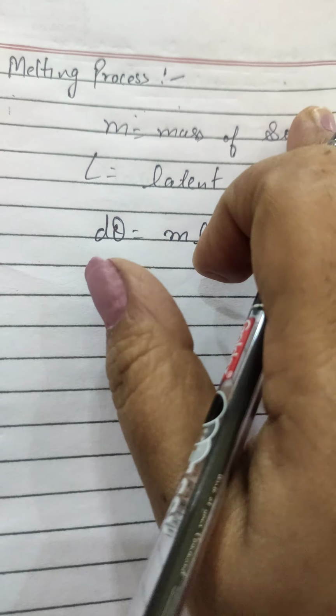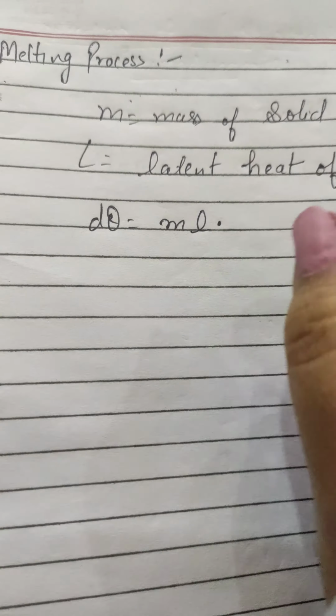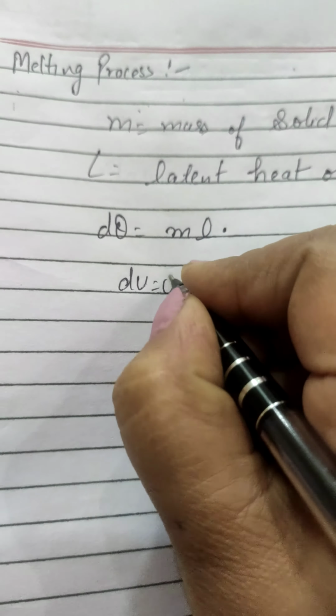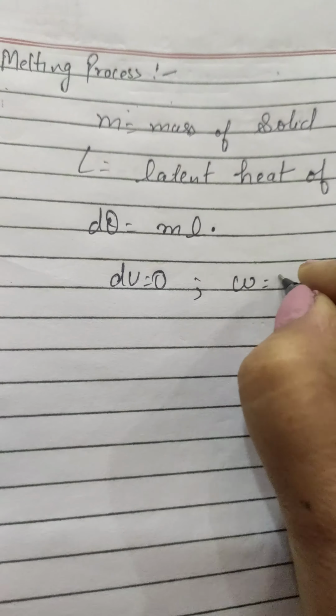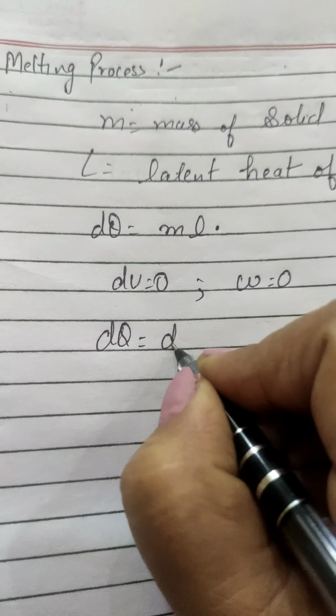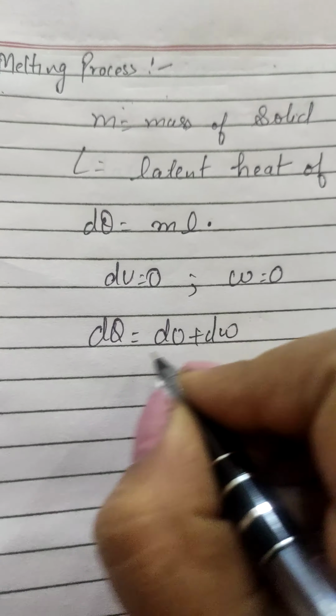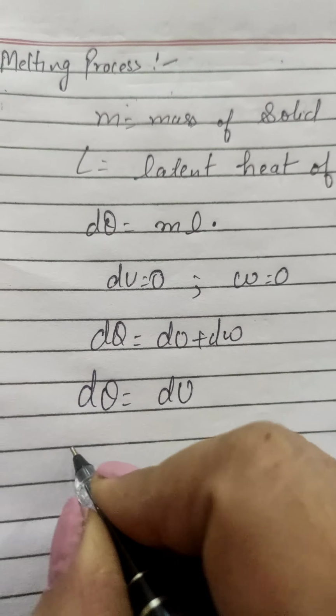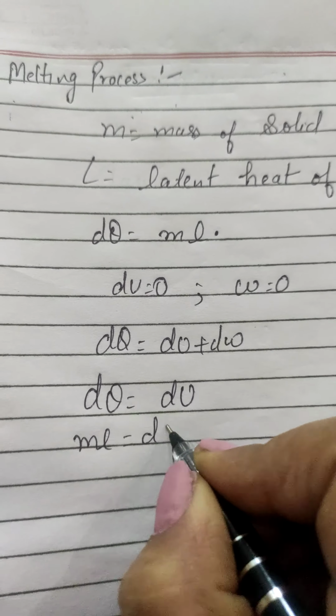Since during the melting process the change in volume is very small, comparatively dV can be considered to be 0. So work done is equal to 0. From the first law of thermodynamics, dQ is equal to dU plus dW, since work done is 0, dQ is equal to dU, or we can say mL is equal to dU.